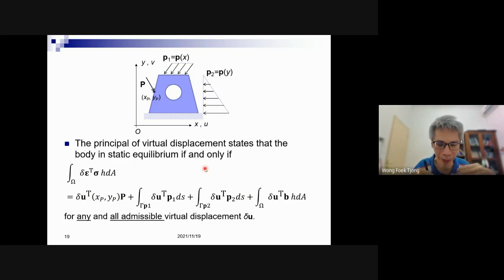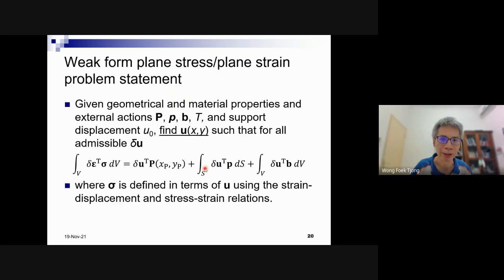This equation becomes the basis for deriving, not in this course, but maybe next week I will derive the finite element to solve plane stress and plane strain problems, beginning with the simplest finite element. So that's the weak form for plane stress and plane strain problems.